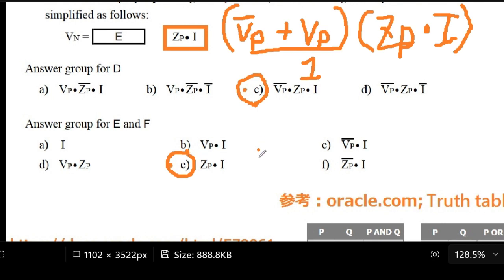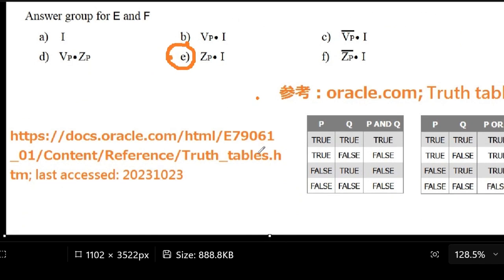The one I was saying a while ago about the truth tables, you can get hold of a sample of that from oracle.com, and you get something like what I was saying, where you got false OR true, then the answer would be true.